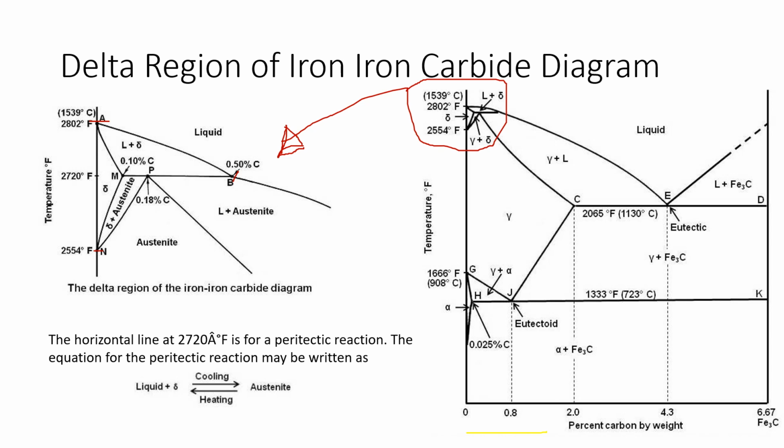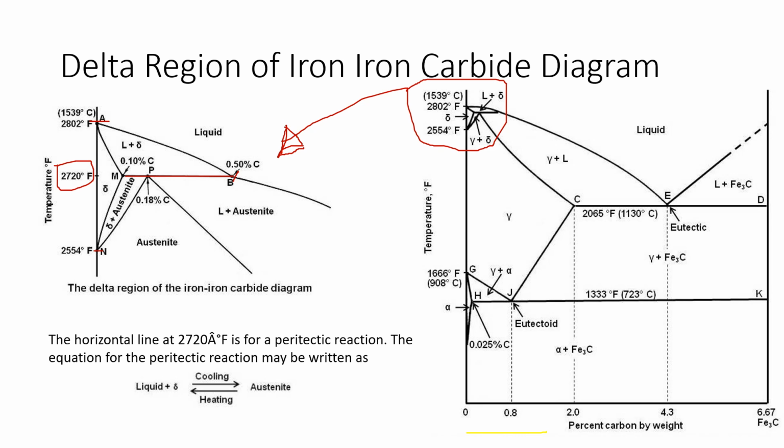The horizontal line at 2720 degrees Fahrenheit is this one, the horizontal line. This is the peritectic temperature line, and the peritectic reaction takes place.